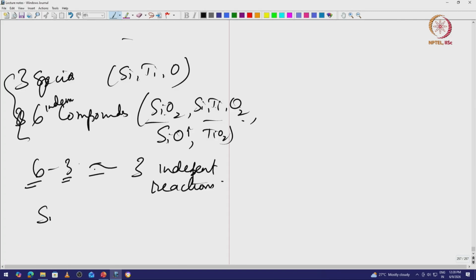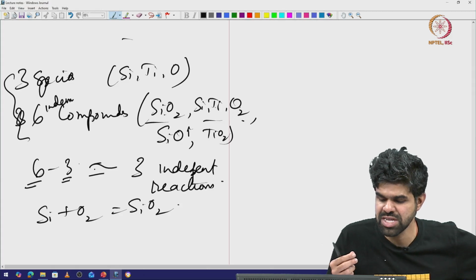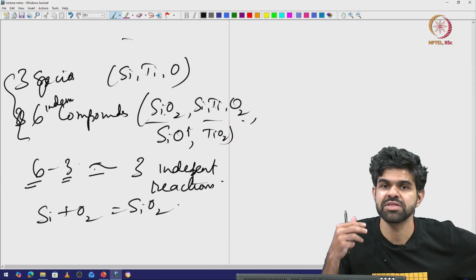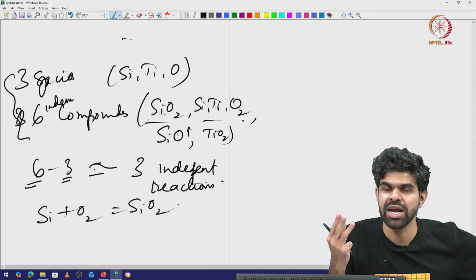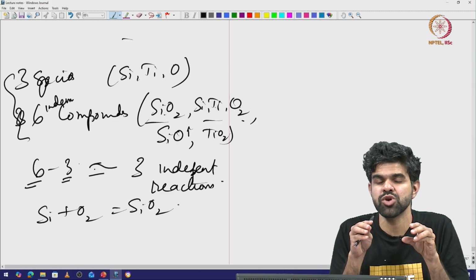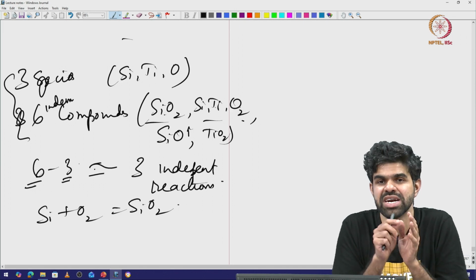The first reaction, just to rephrase, is Si plus O2 giving SiO2. Three equations with three unknowns is okay, but here all are dependent. I am saying six independent compounds, but they are all reacting with each other.